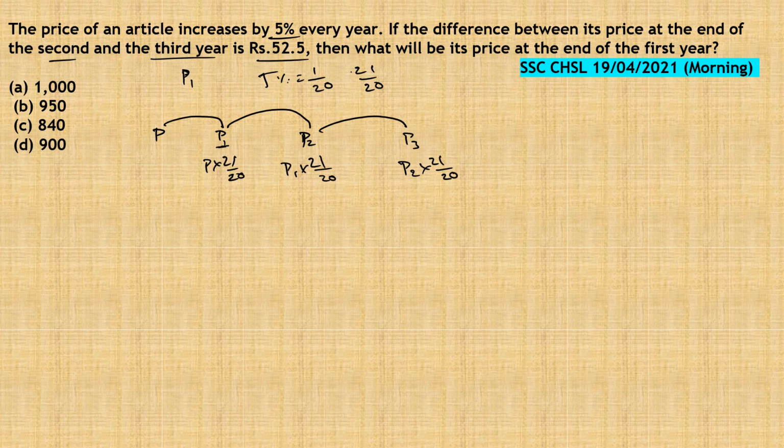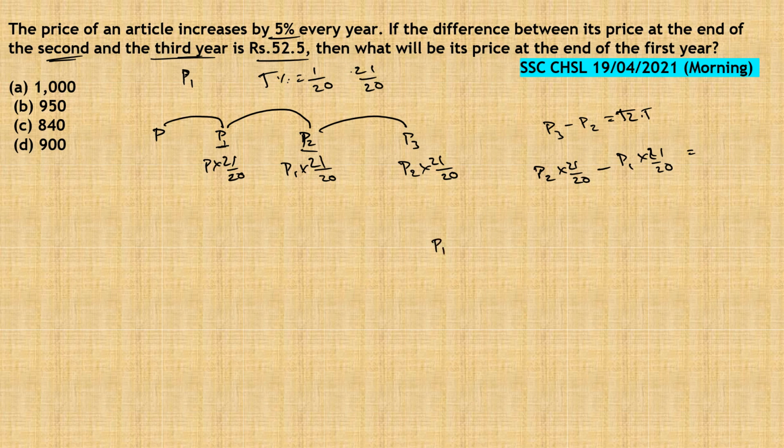What are we given? Difference between its price at the end of the second year and the third year. You have given the value of P3 minus P2, that is 52.5. What is P3? P2 into 21 by 20, and P2 is P1 into 21 by 20. We need to find the value of P1.